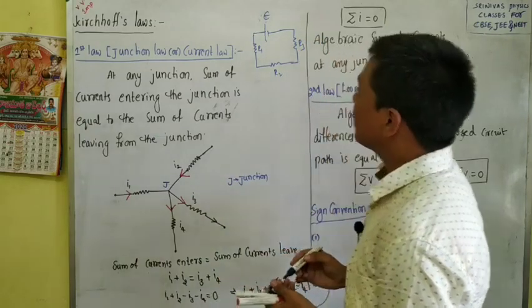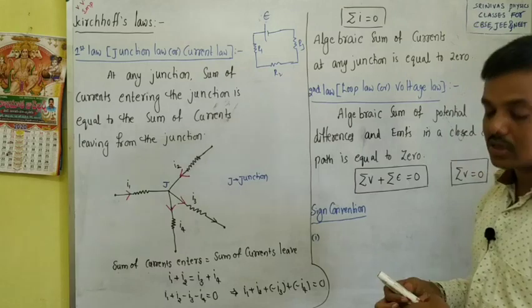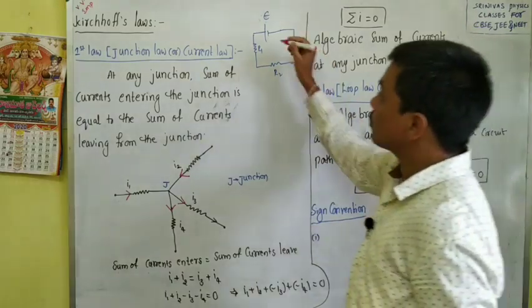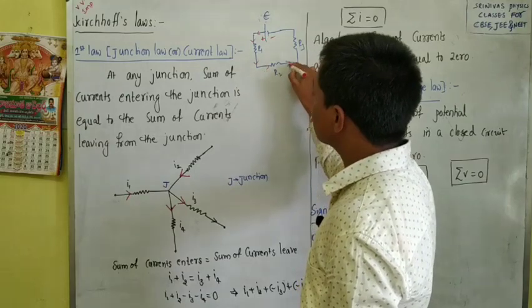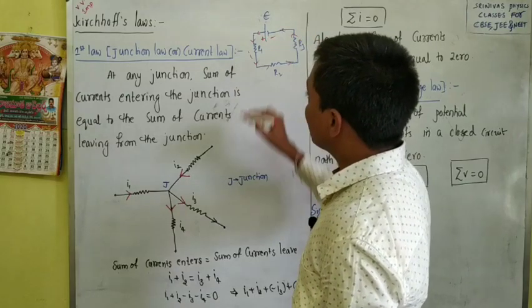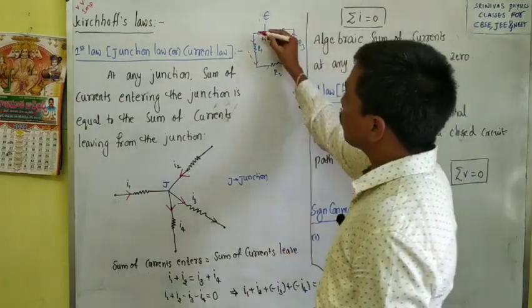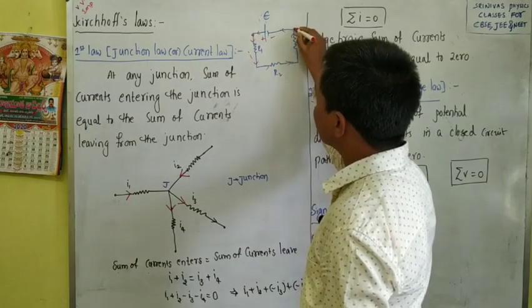Now look here, what is the direction of the current? Current flows from the positive terminal of the battery to the negative terminal, right? Current flows like this.